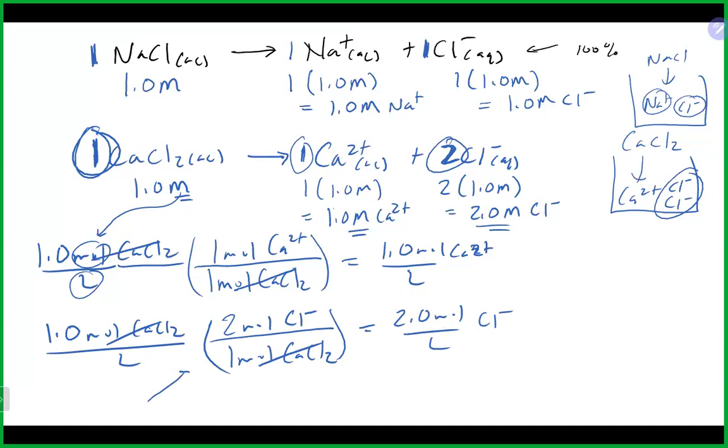So this is the long sort of stoichiometry calculation. The quick way you could get it is basically just multiply by the coefficient of the ion, and that will give you the concentration of just the ions that are present. Any questions on that? So that is how concentration or molarity relates to individual ions.